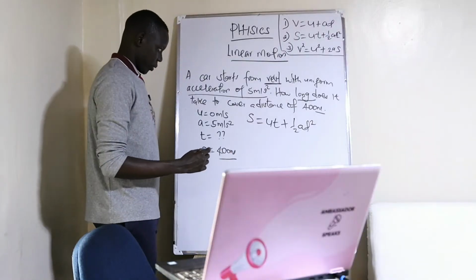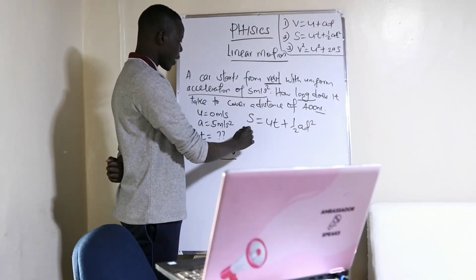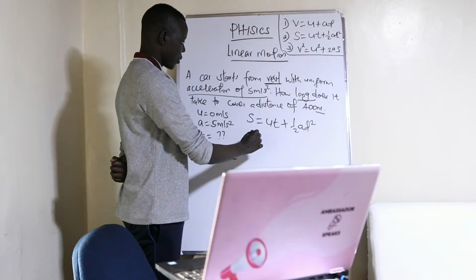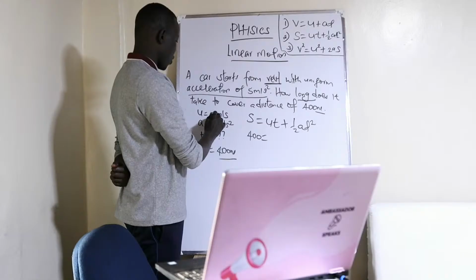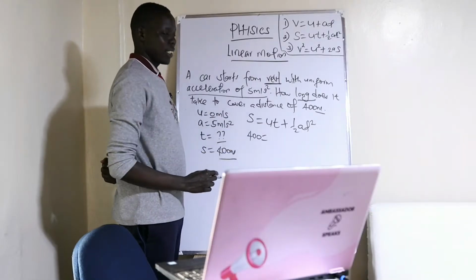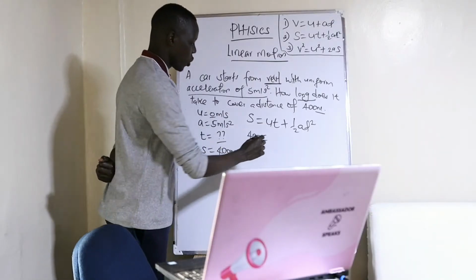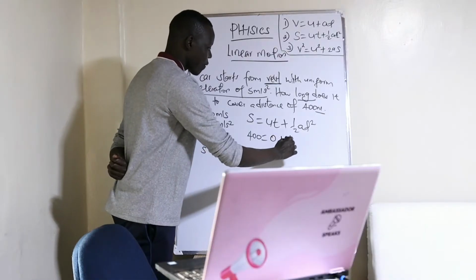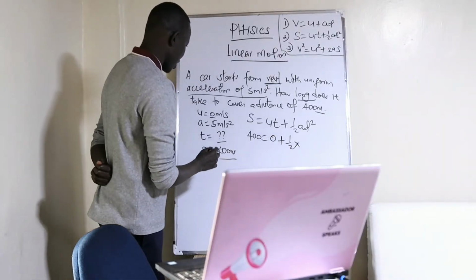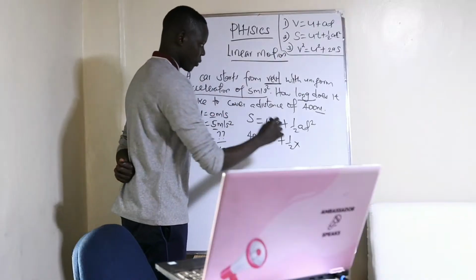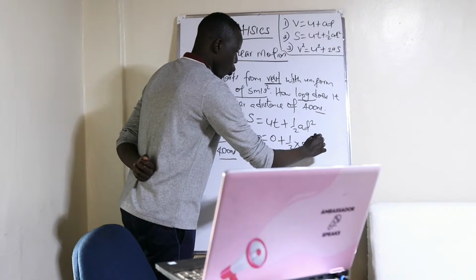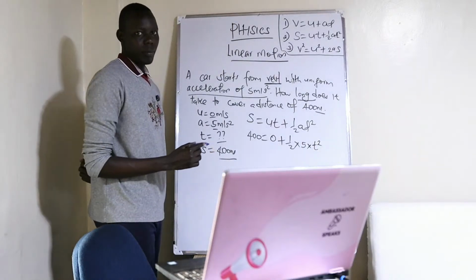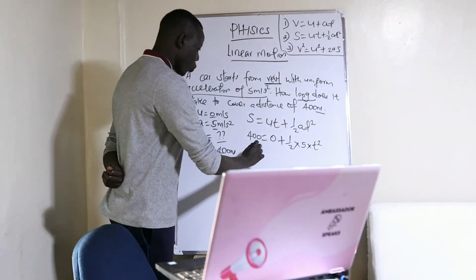Now, s is 400 meters, which is equal to u t, that is 0 times t, which is 0, plus half times a, which is 5, times t squared.